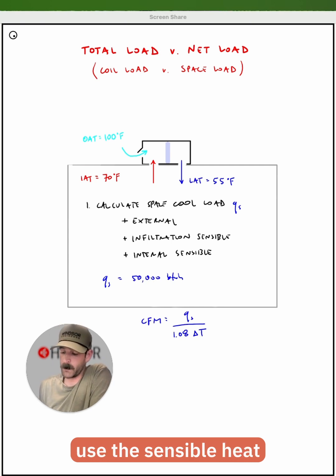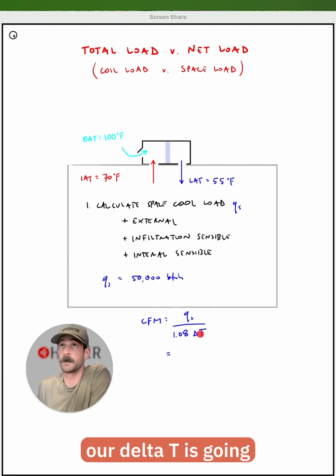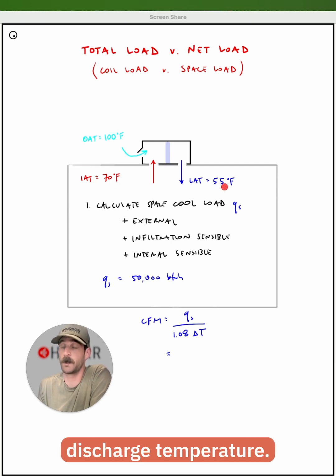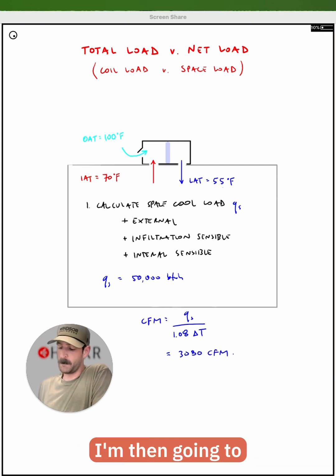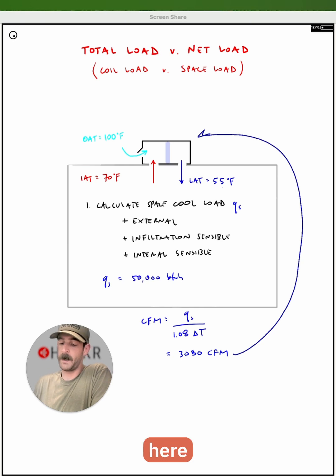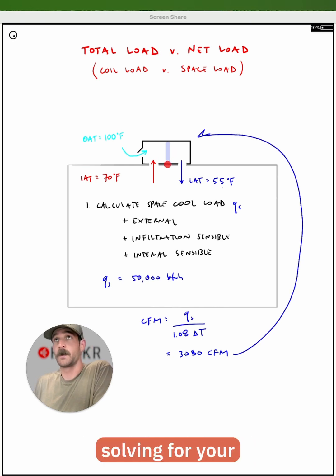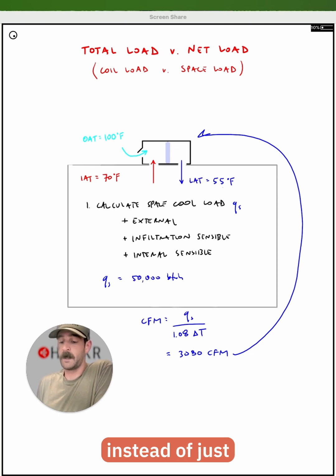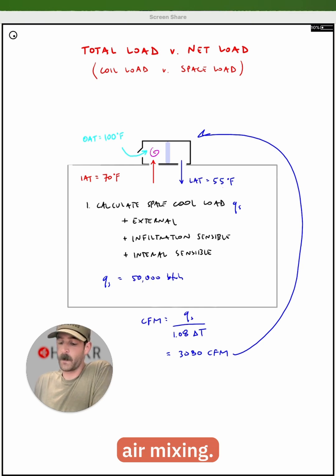Again, we're going to use the sensible heat equation to find our CFM. Except this time our delta T is going to be our 70 degree set point minus our 55 degree cooling discharge temperature. Solving for this comes out to, coincidentally, 3,080 CFM. I'm then going to plug this CFM in up here to solve for my load on the coil. The main difference with this configuration when solving for your load on the coil is instead of just taking the straight outside air and conditioning that down to 55 degrees, you need to first solve for air mixing.